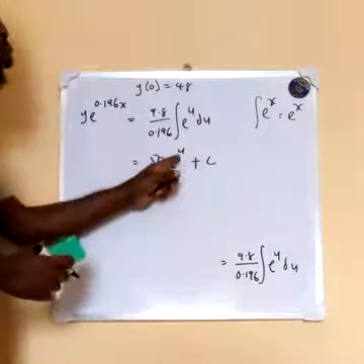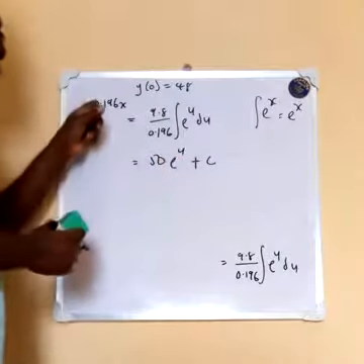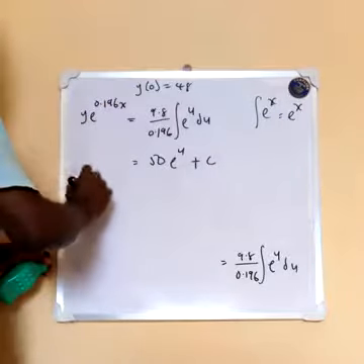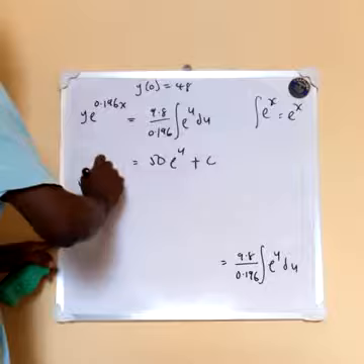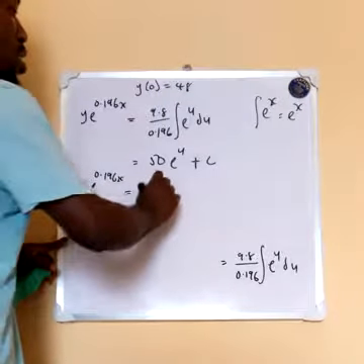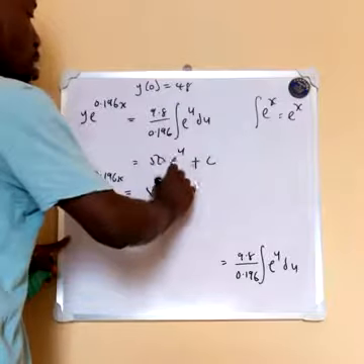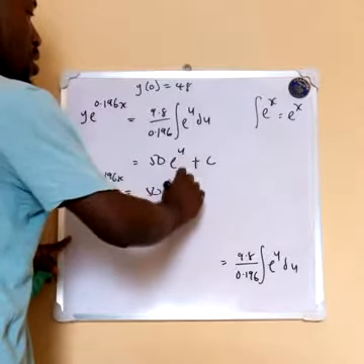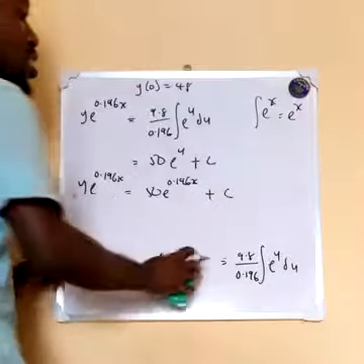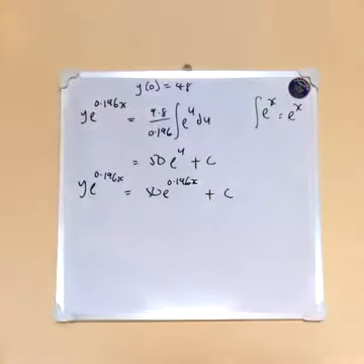Then you come back and put what you, don't forget your u. Your u is 0.196x. Then I have y e^(0.196x) equal to 50 e raised to power 0.196x plus c.